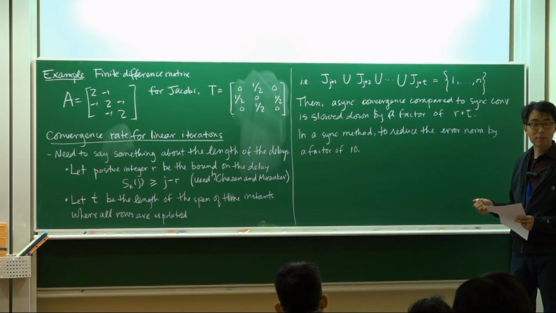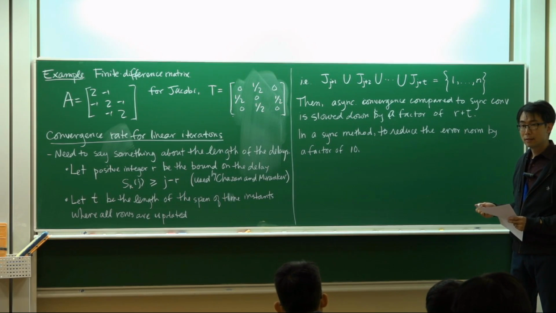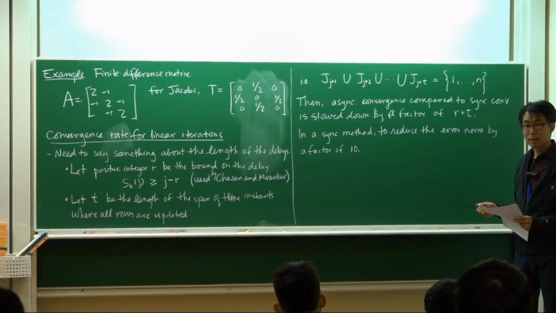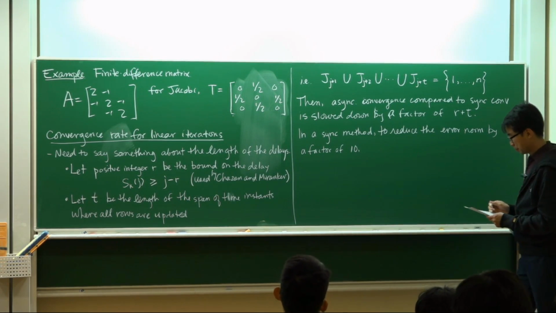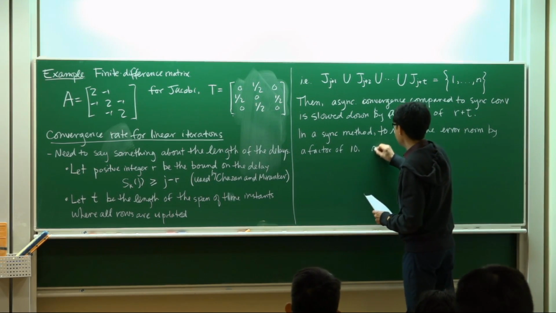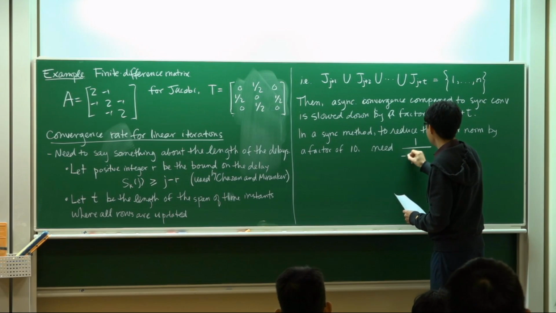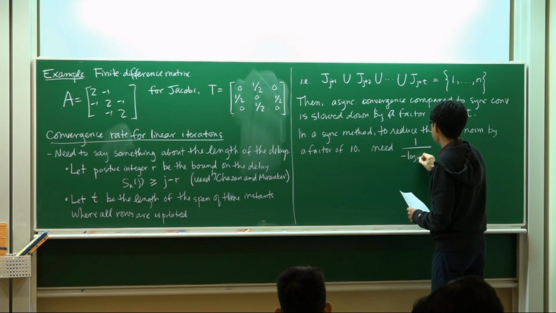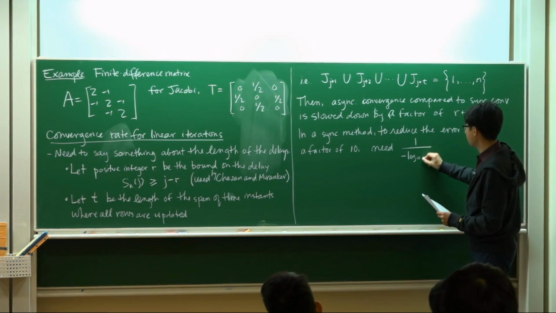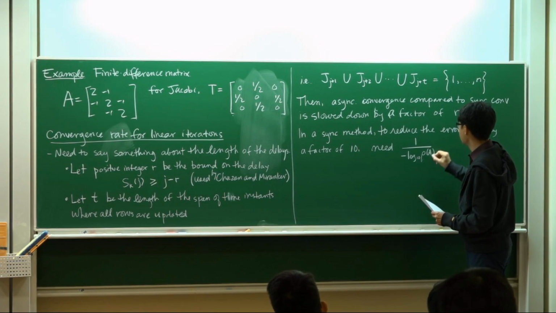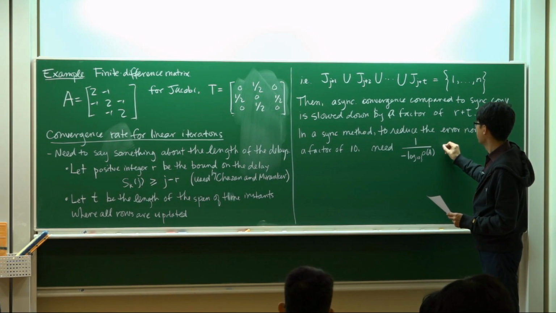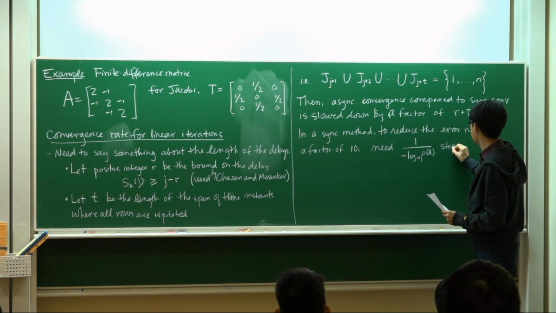Asymptotically, the number of steps we need depends on the spectral radius of the iteration matrix. So we need 1 over minus log in base 10 of the spectral radius of A. We need that many steps.